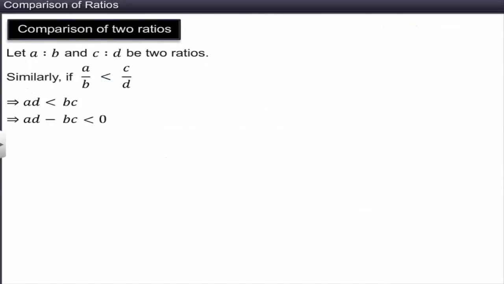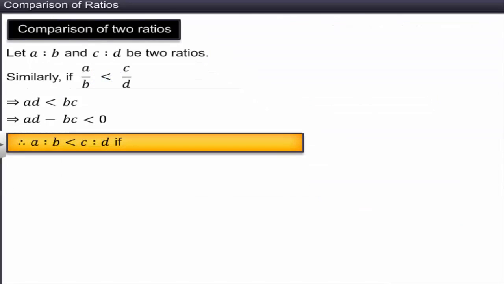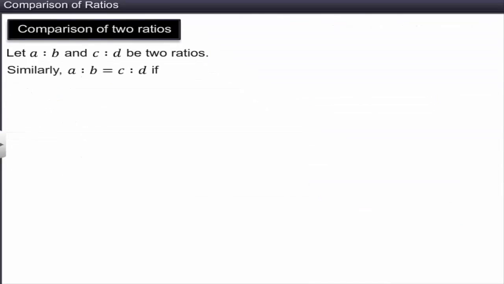Therefore, A is to B is less than C is to D if AD is less than BC, or AD minus BC is less than 0. The two ratios A is to B and C is to D are equal if AD is equal to BC, or AD minus BC is equal to 0. The three results are shown here.